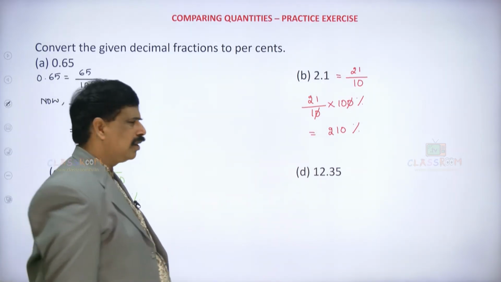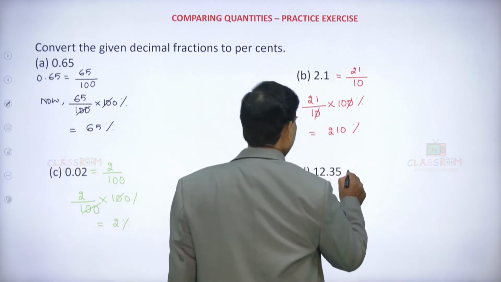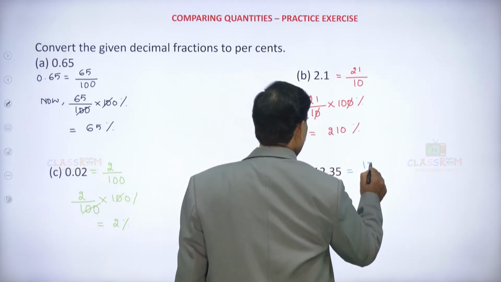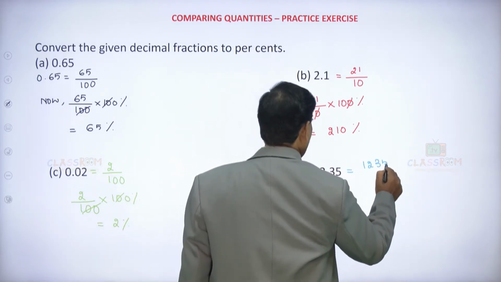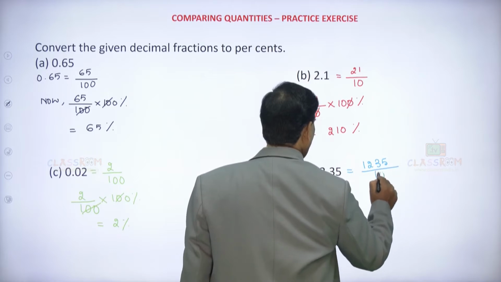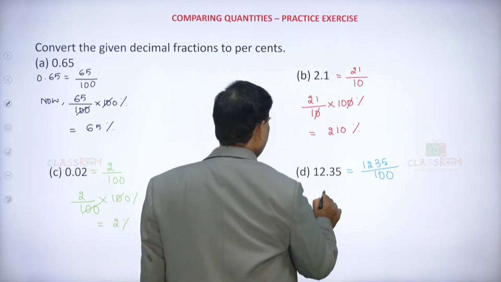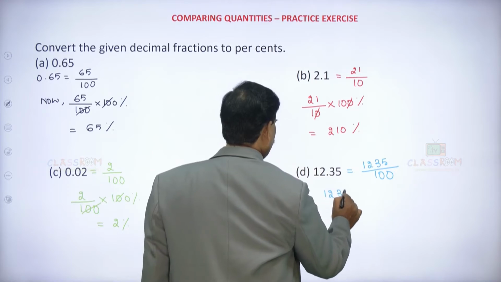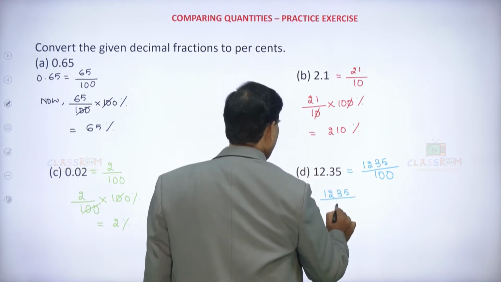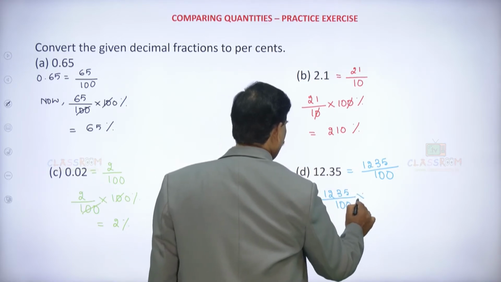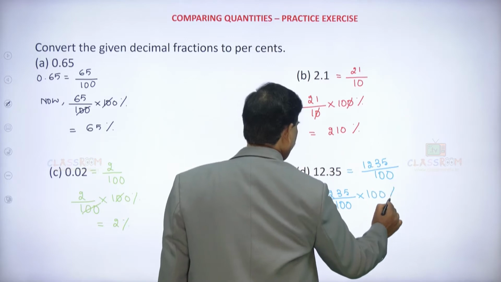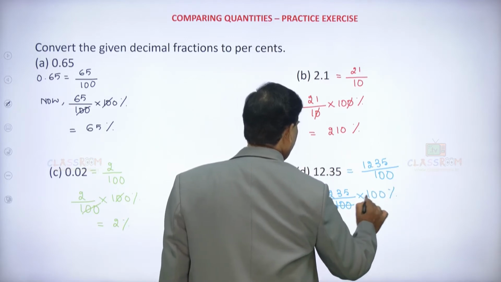That is the easiest way, children. So 12.35 is 1235 by 100. Convert into the fractions. 1235 by 100 into percentage. 100 and 100 get cancelled.